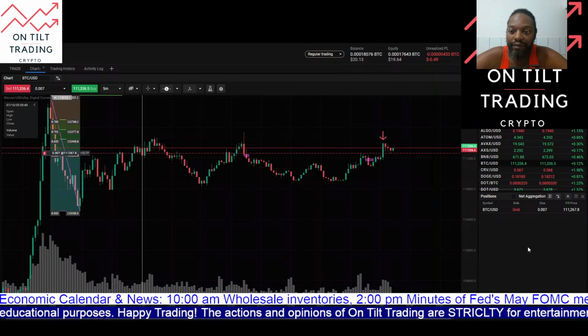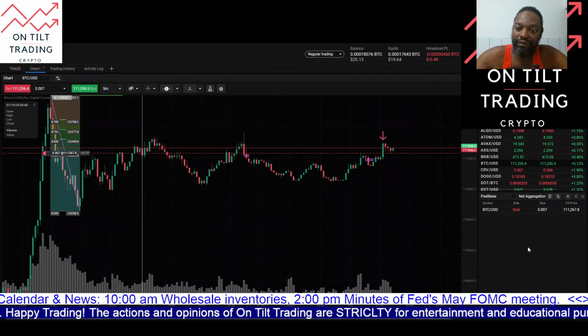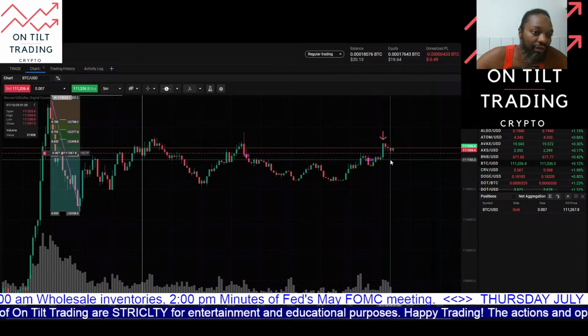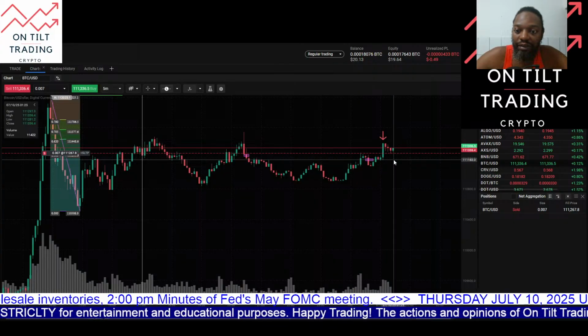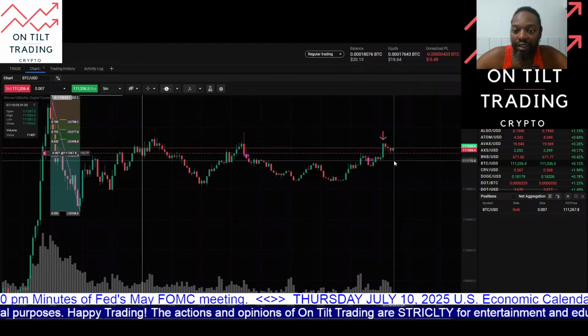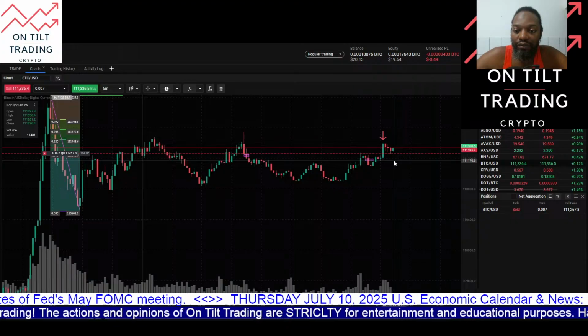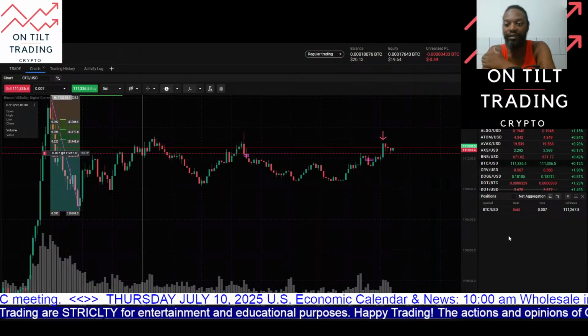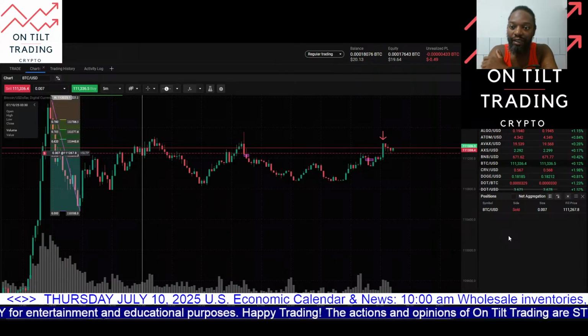And buy side delivery. 111,336. High of the previous candle, 111,338.6. So potentially a new 5-minute high. Price action continues to be delivered to the buy side here.